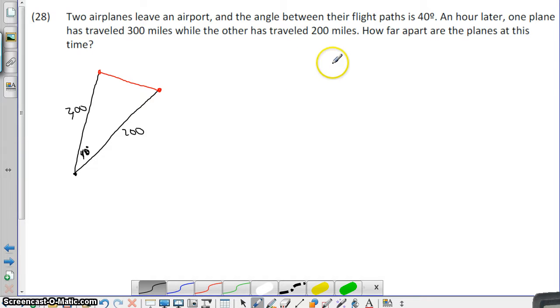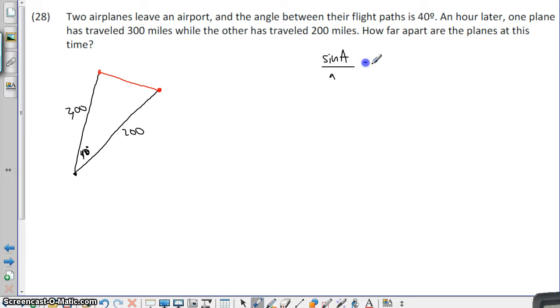If I tried to use law of sines, I would not be able to do that, because if I had sine A over a and I tried sine B over b, basically the information I have isn't going to let me do this.